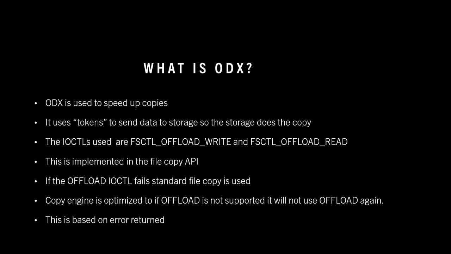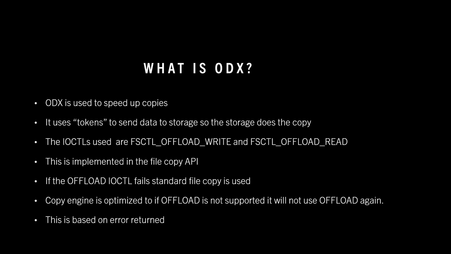It'll remember the volume, and the next time a copy is attempted, it will not use offload. For example, if you want to copy 100 files, it will fail on the first offload, and then the subsequent file copies will not use offload at all.